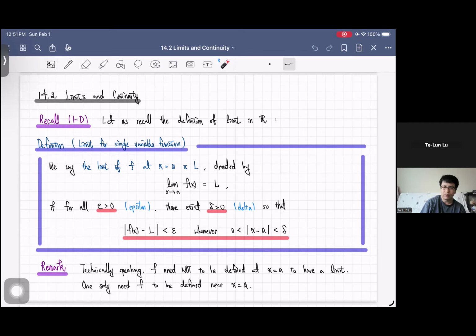So this is a rigorous definition of limit, but basically what it is saying is that whenever x is close to a, so whenever delta is small, that means that f of x is close to L. So that is when epsilon is small.